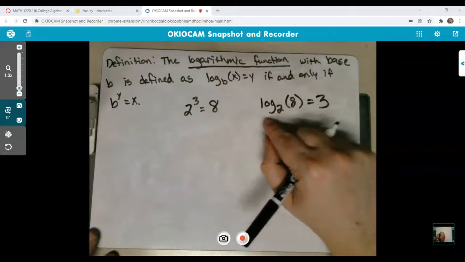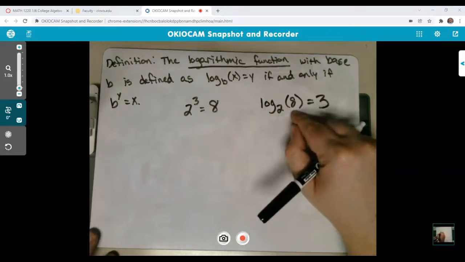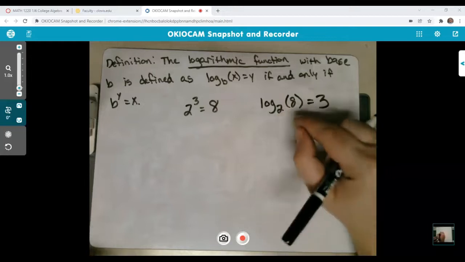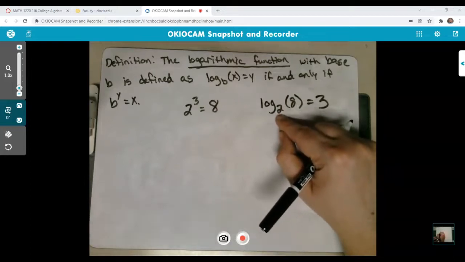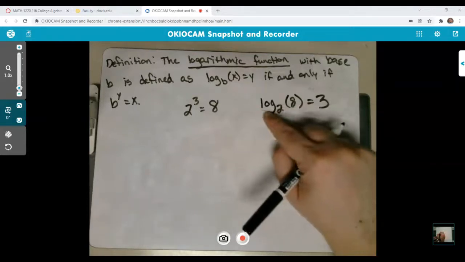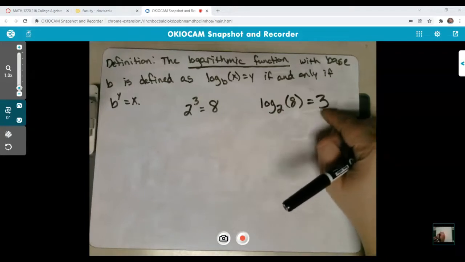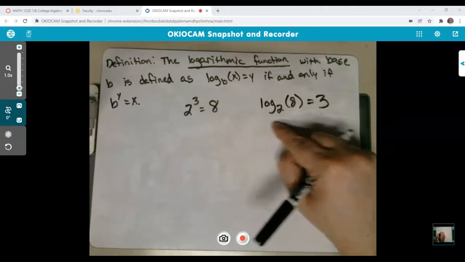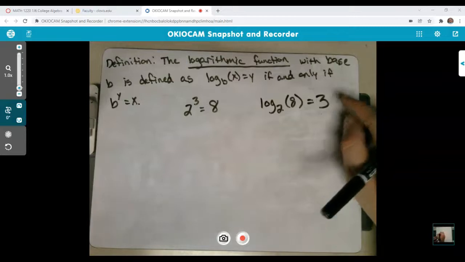So if I ever saw log base 2 of 8, what that really is asking is what power must I raise 2 to get 8? Well, we know that's to the power of 3. So log base 2 of 8 is 3 because that's my power, okay? A logarithm tells me what the power is.